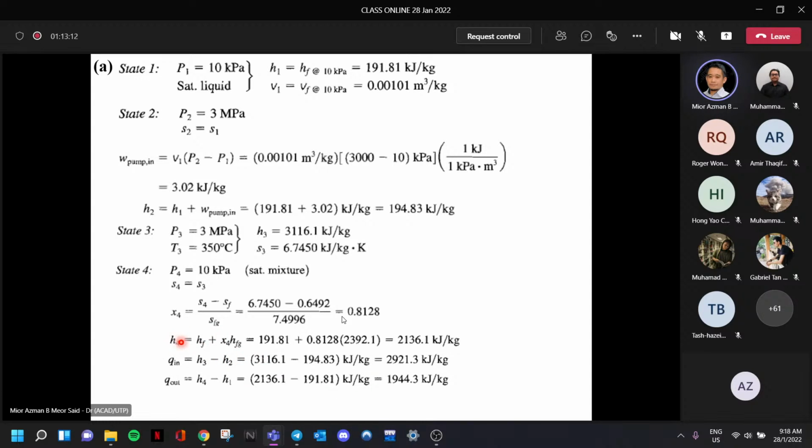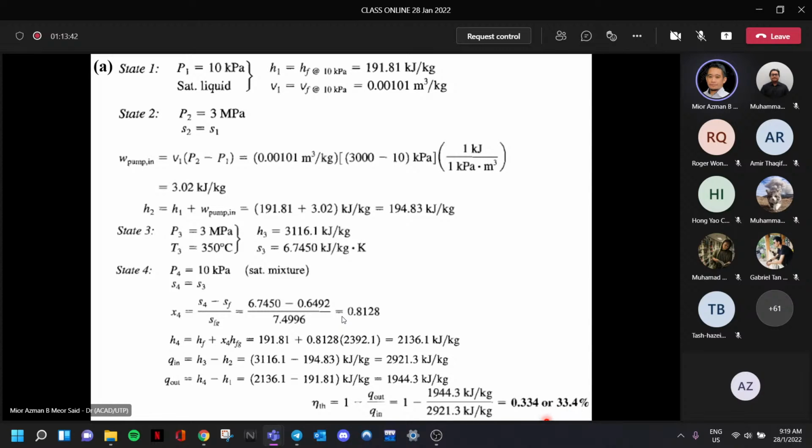Once you solve for H1, H2, H3, and H4, you can solve for Q in and Q out, and you can find the efficiency, 1 minus Q out over Q in, and we'll see that it is 33.4%. Remember, in the previous example, we solved that for the Rankine cycle, the efficiency was 26%. Now, when you lower the pressure to 10 kilopascal, the efficiency has gone up to 33.4%.